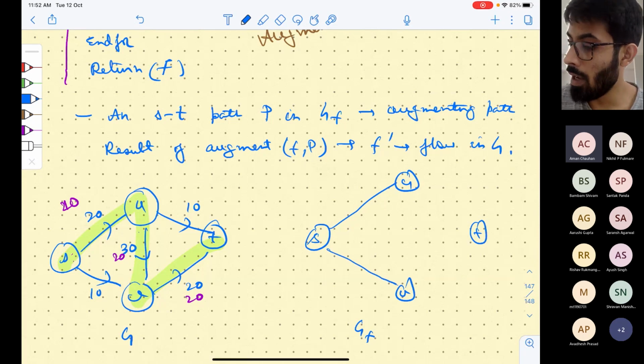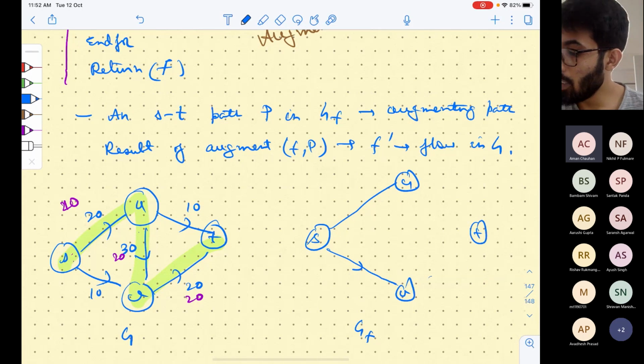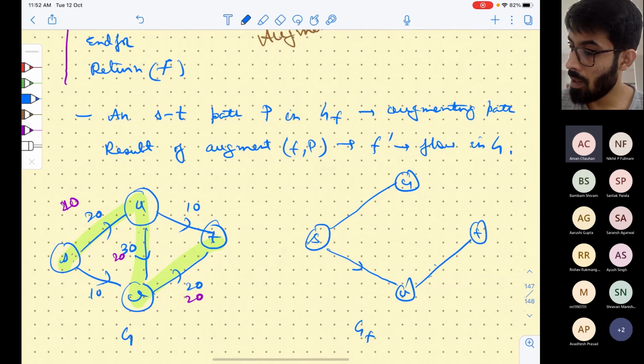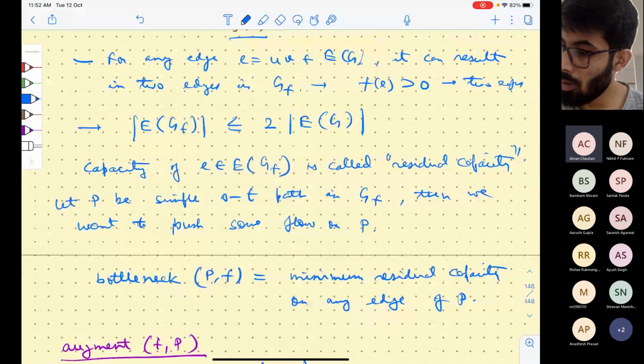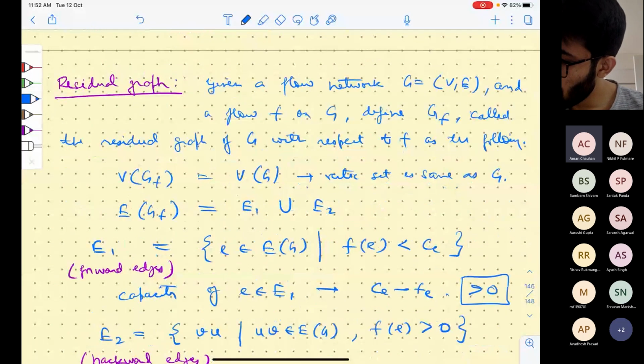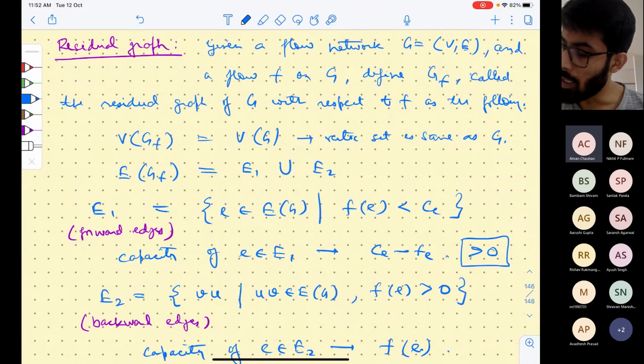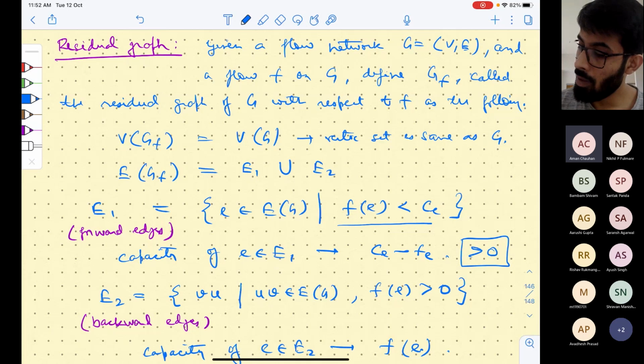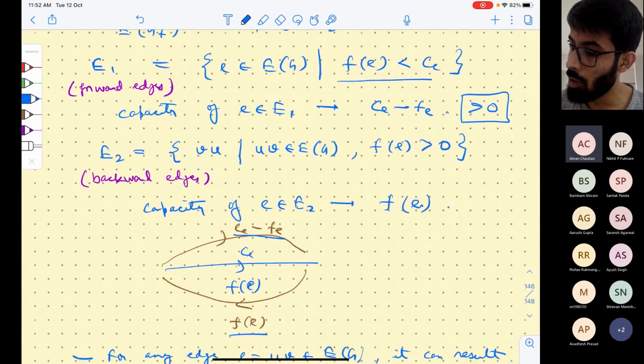This edge will not appear, because here the flow value is 0, so there will be only one edge here. Here there will be two edges. Did we define the backward edges for 0 also? No, the forward edges exist only when FE is less than C. Otherwise they don't exist.